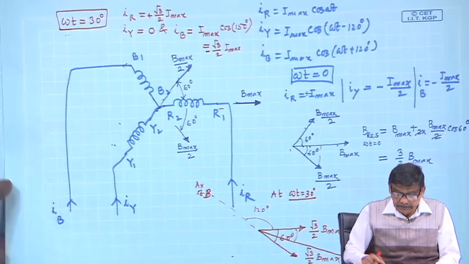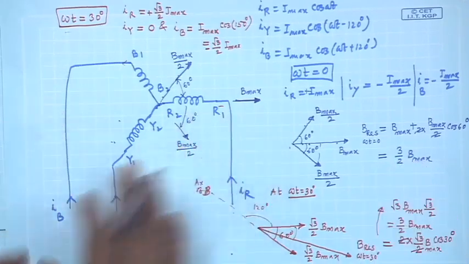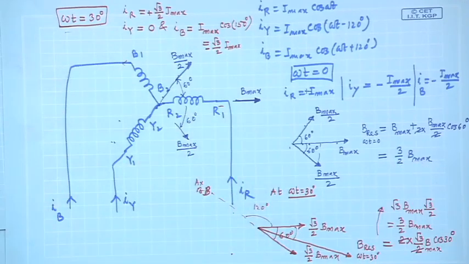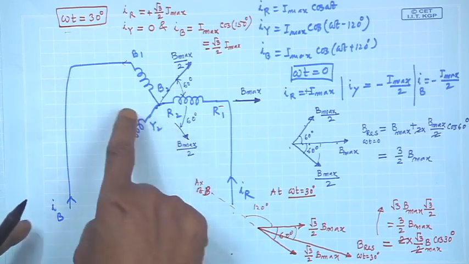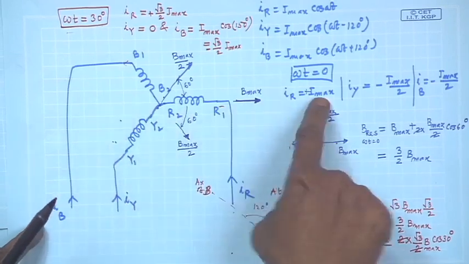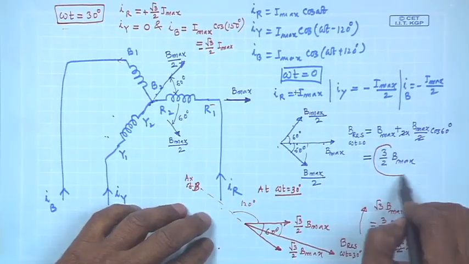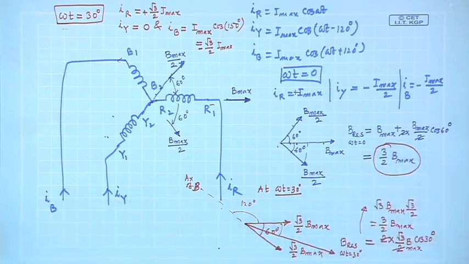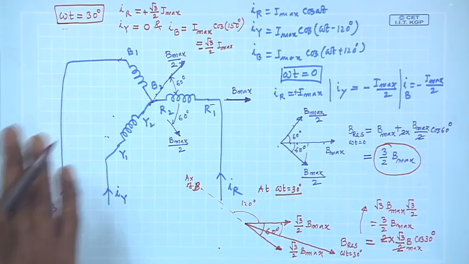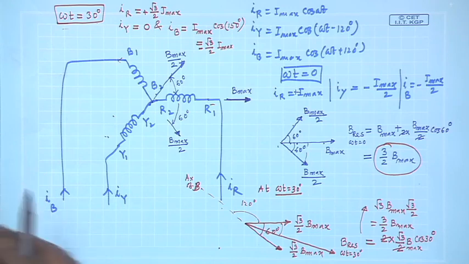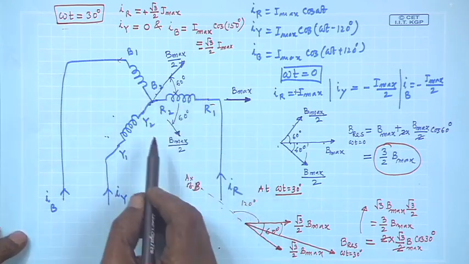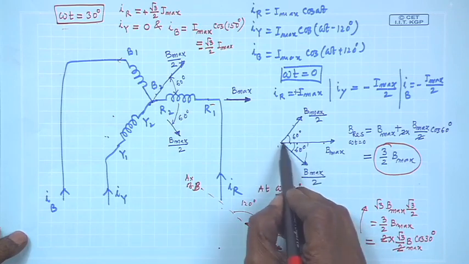So, what is the observation? Observation is these coils are carrying balanced 3 phase current at omega t equal to 0. I noted my time. The resultant field was horizontal and its strength was 3 by 2 B max. Time passes, omega t becomes 30 degree and the resultant field then moves from this.